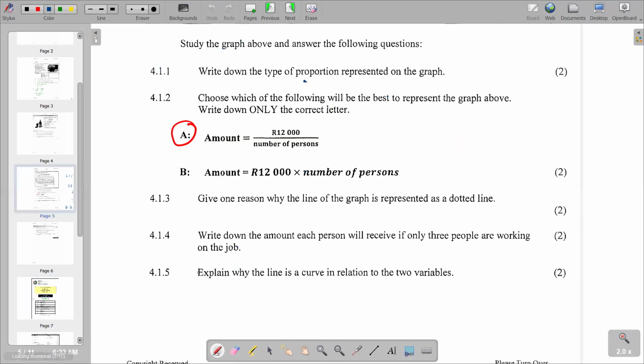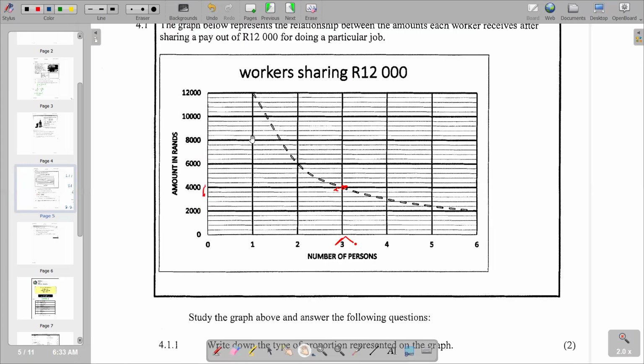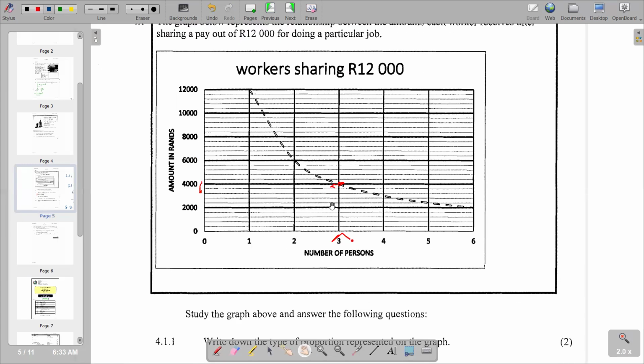Going to the next question: explain why the line is a curve in relation to the two variables. It is a curve because the amount shared by workers cannot be equal to 0. The curve does not touch the horizontal axis. If the curve touched the horizontal axis, the amount shared would be 0.